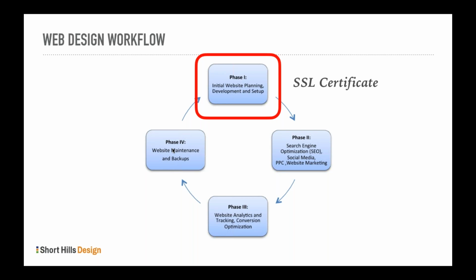Phase three is analytics and tracking, conversion optimization. Once you've got people on your website, now you have to say, well, what can I do to make that better? What kind of split testing can I do to see what people prefer, or what I can do to improve my conversions or make more people call or get in touch with us from the website? And phase four, of course, is maintenance and backups.